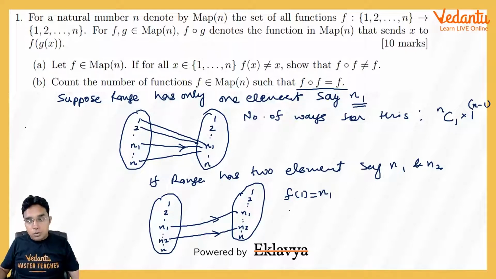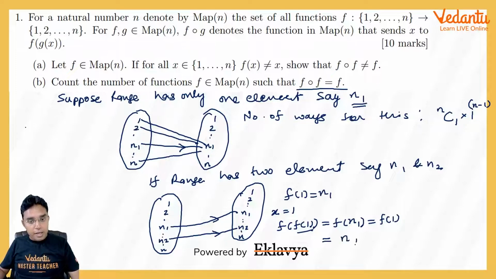So here I put x equal to 1, then FOF1 will be FO n1, because f1 is n1, and f of n1 is actually n1. And hence this is equal to f1. So you can see if I choose f1 equal to n1, or I could have chosen f1 equal to n2 also, in both cases this will be satisfied.